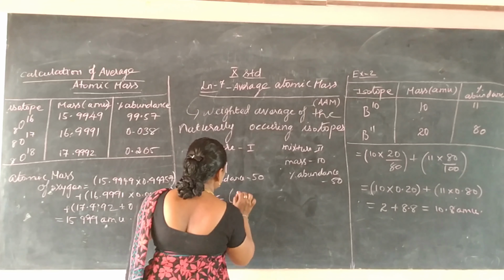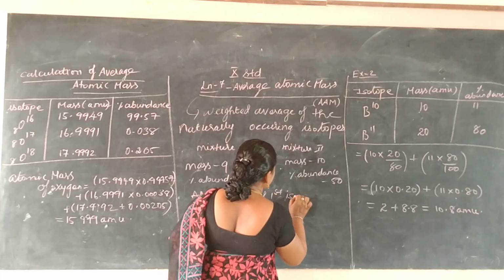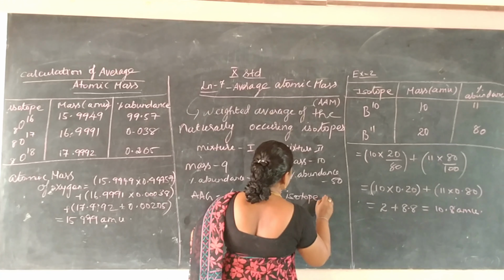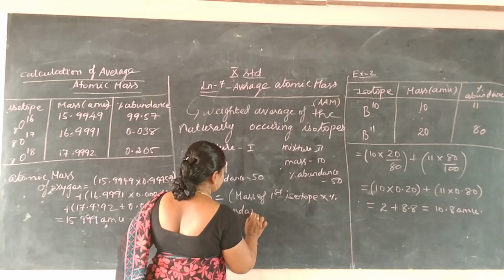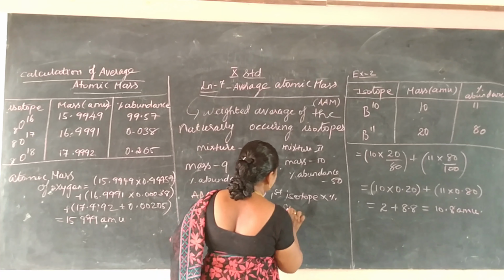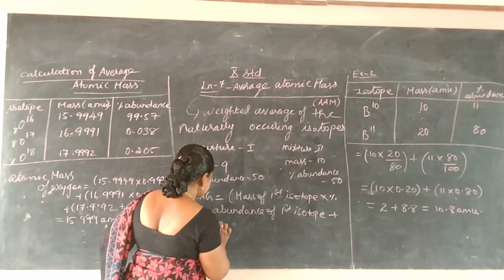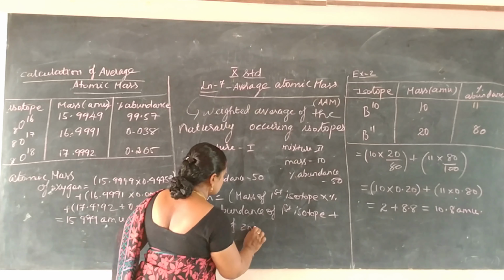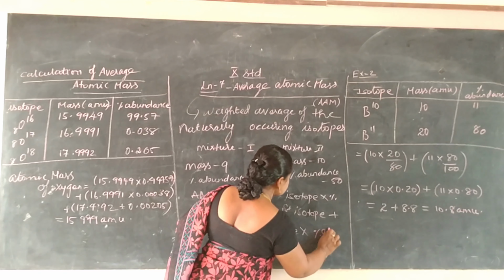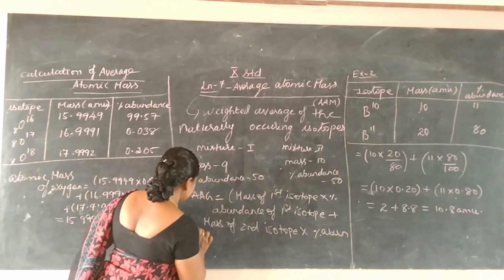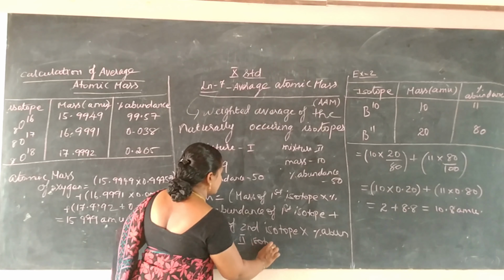Average atomic mass is equal to mass of first isotope into percentage abundance of first isotope, plus mass of second isotope into percentage abundance of second isotope. So this is how you can calculate the average atomic mass.